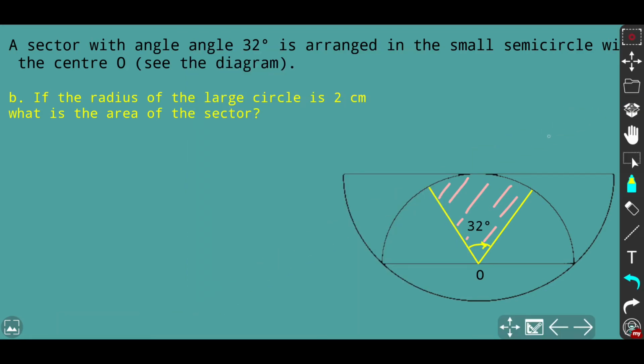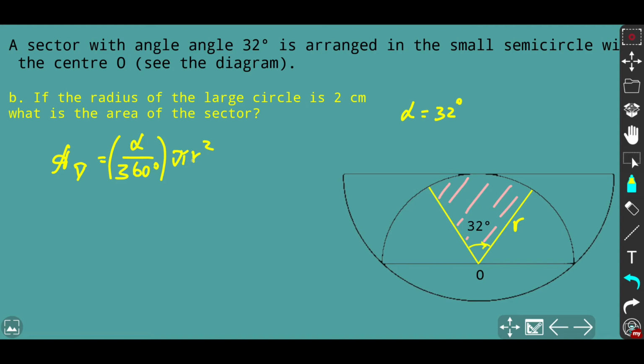If we mark the small radius as r, we're going to use the notation for the area of the sector, where alpha is the angle, 32. I just use first the general formula. It's basically the fraction alpha over 360 of the whole circle area, which is pi r squared. Basically you're taking a fraction of the whole circle's area. Just make sure you remember this.